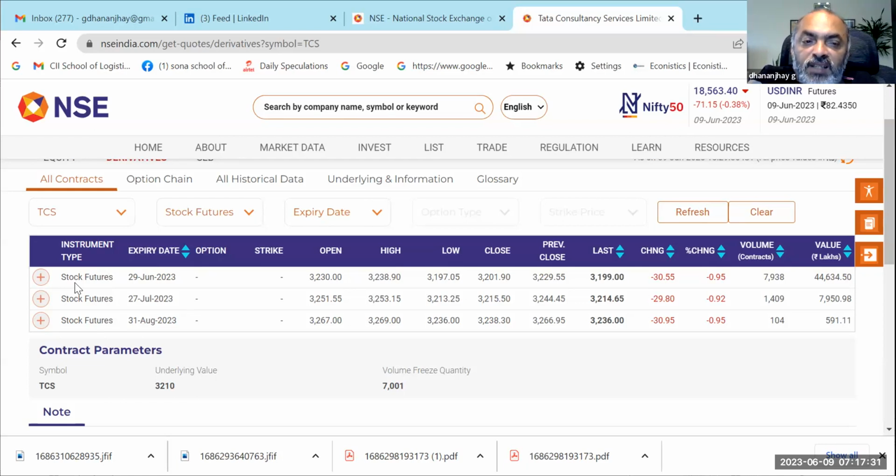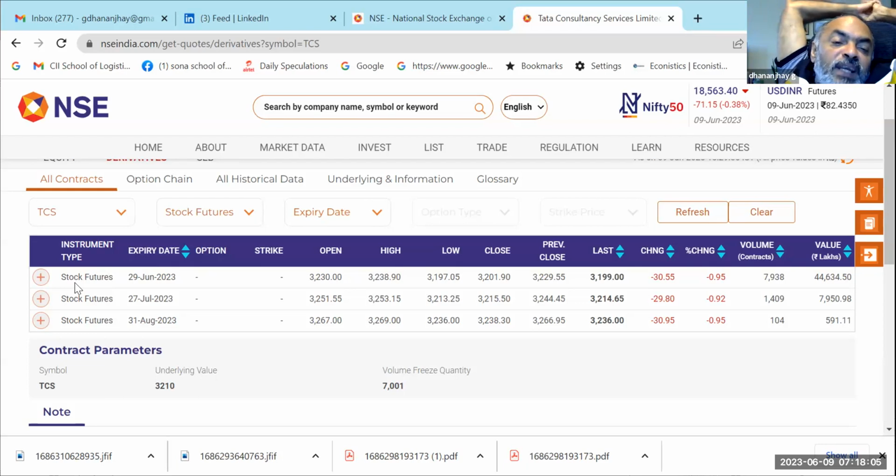Why are we calling it stock futures instead of index futures? It's a stock, sir. What is stock? Equity, sir. Underlying of TCS stock futures is TCS. It's a company, sir. That is the index, sir. Very good.